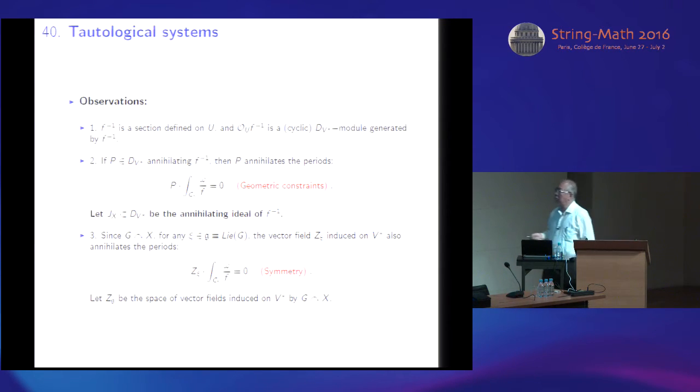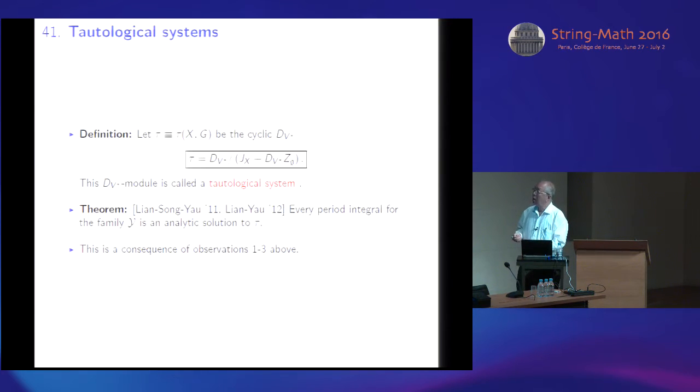So we have two sets, and we simply put them together. So J_X is the ideal killing 1 over F, and D_V star times g is coming from symmetry. We add them together and take the quotient of D_V star by this ideal. So this D_V star module is called a tautological system, that we call it to be so.